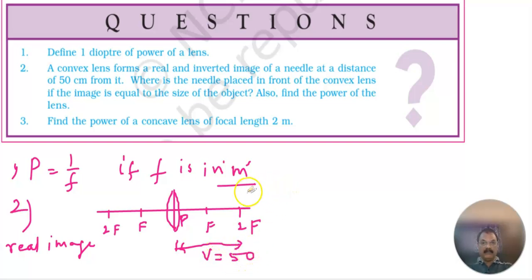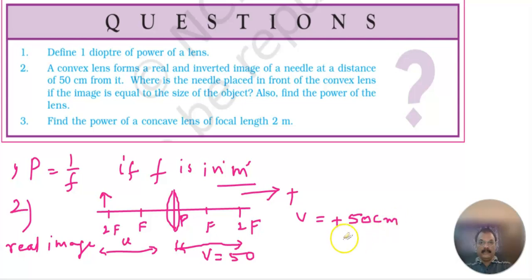Since it is real, it will be on the right side, so positive. Where is the needle? You need to find out where the needle is placed. So the given thing is V equal to plus 50 centimeters.